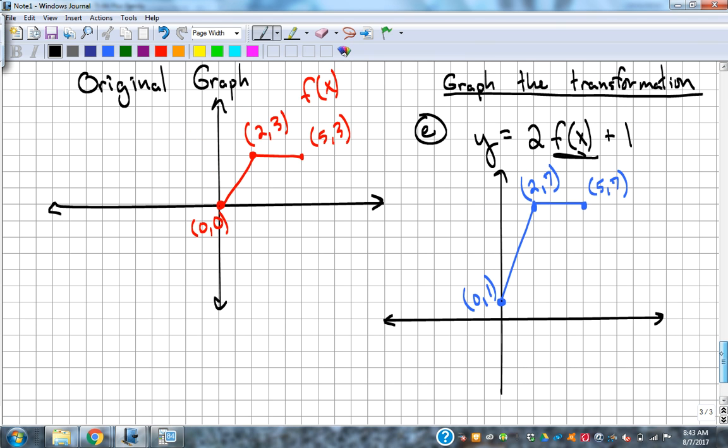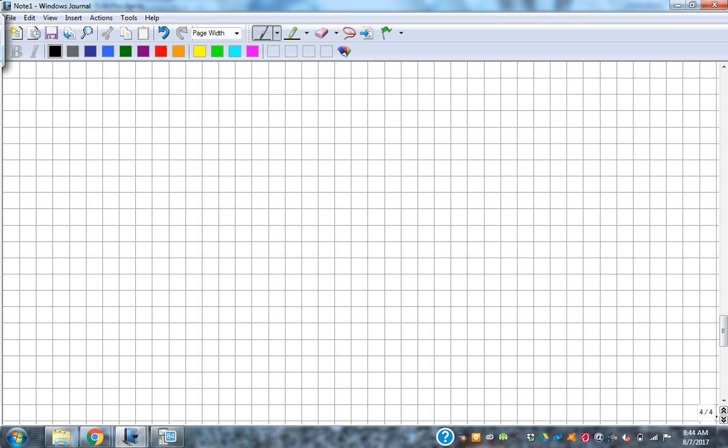We're going to start back with the original graph for the next example. So we're going back. This is our graph that we're going to do the transformation on. Okay, going back to that original graph. And let's do this transformation. Y equals f of x minus 3 plus 2. Okay.